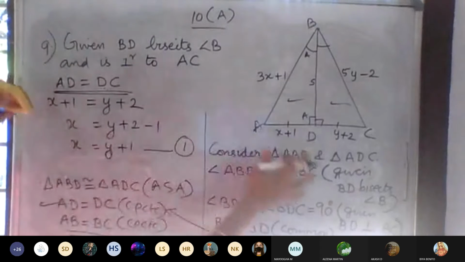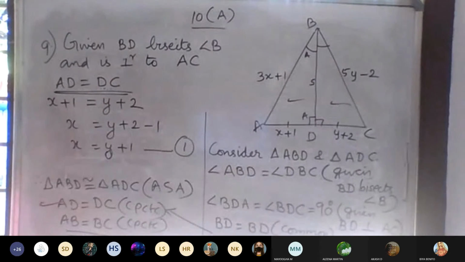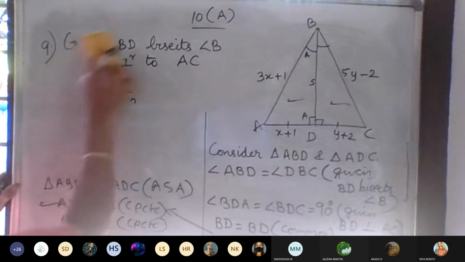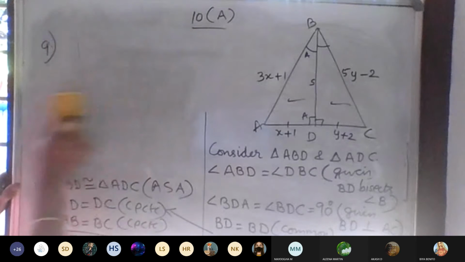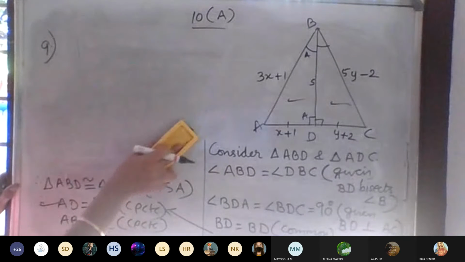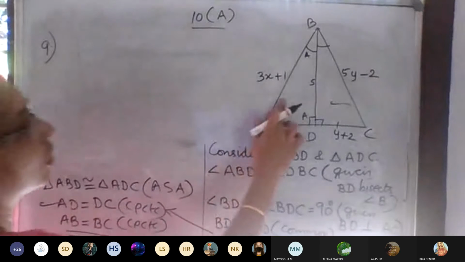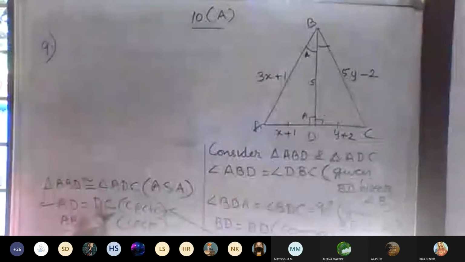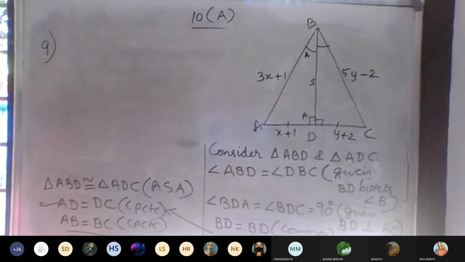Before writing this, first you find congruency. Understood? If you have any confusion, if you got this question, first find congruency. So now we got AD is equal to DC and AB is equal to BC.